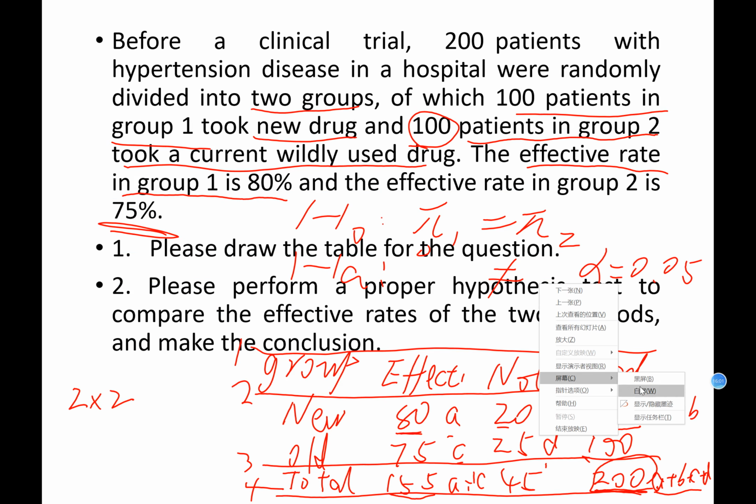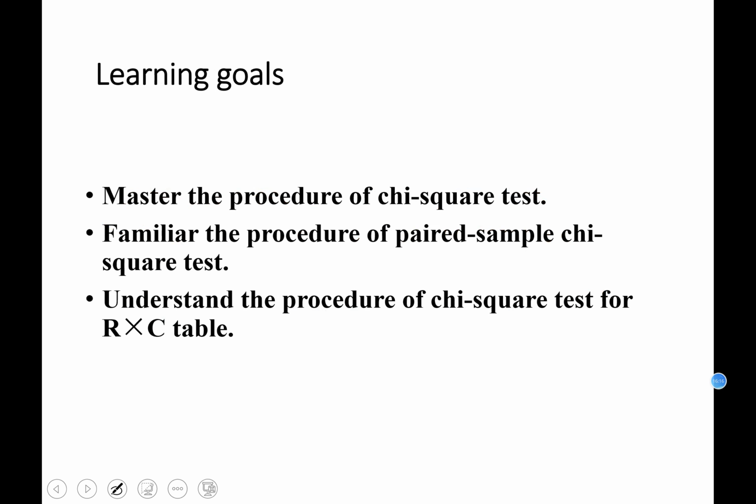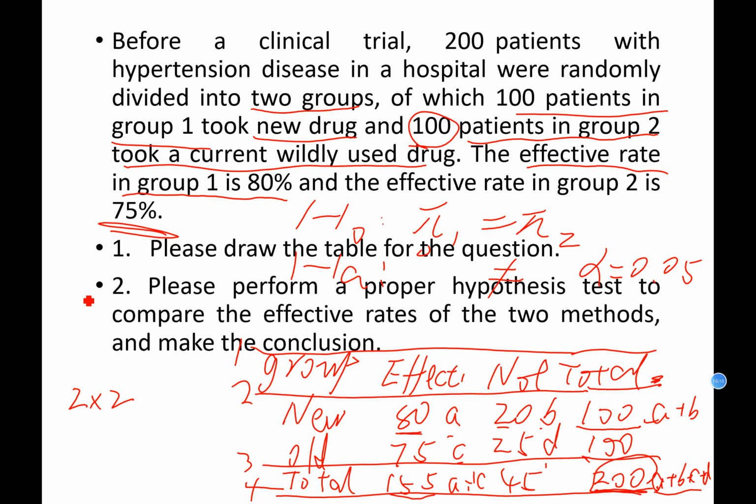Okay, let's go back to the formula. Now we just put all the numbers into the formula. So here A, B, C, and D are listed in this table, and we just put all the numbers into the formula, and then we can get the chi-square value. So that is the second step.